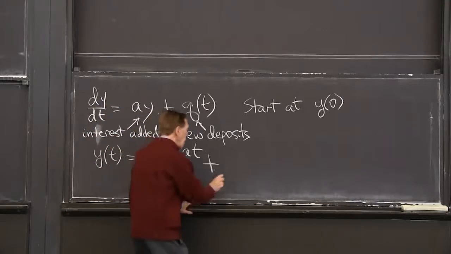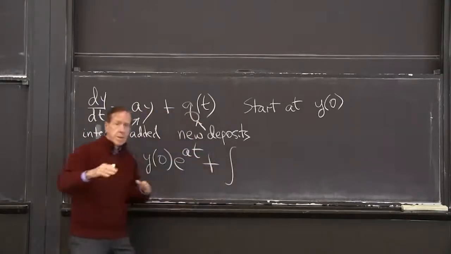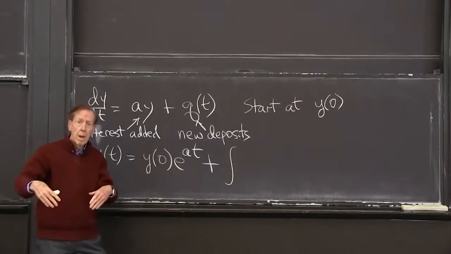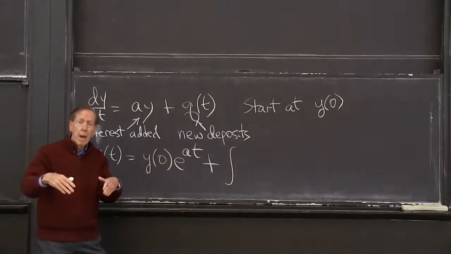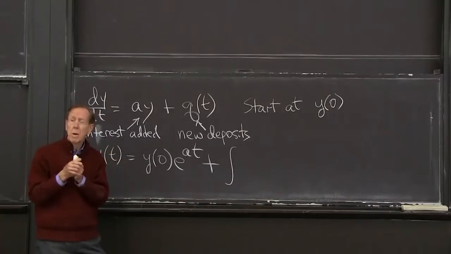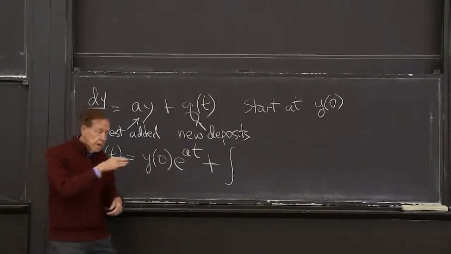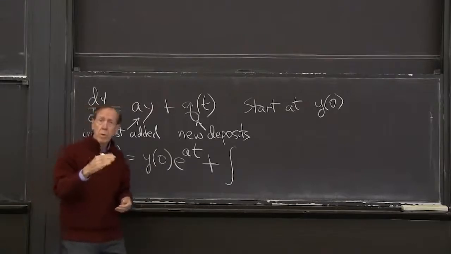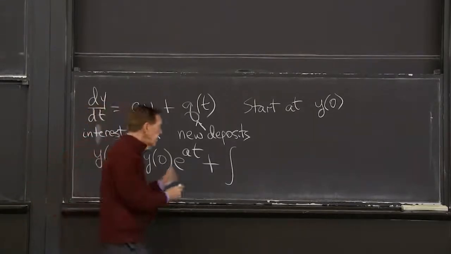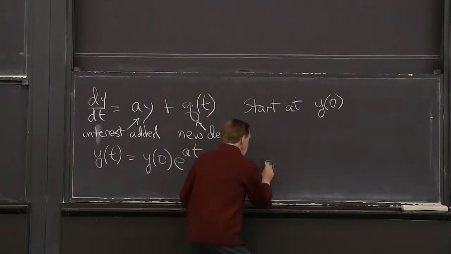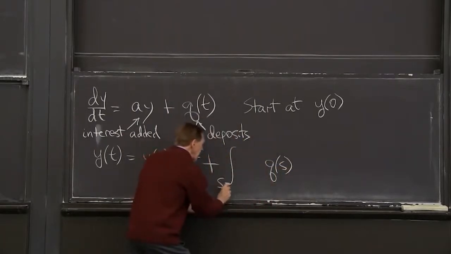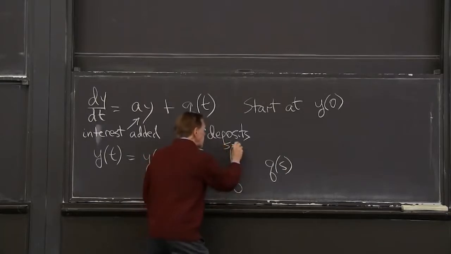So here's the formula. Each deposit goes in at some time, and then it grows. Once you've made the deposit, it's going to grow exponentially over the remaining time. You make deposits at any time s between s equals 0 and s equals t.